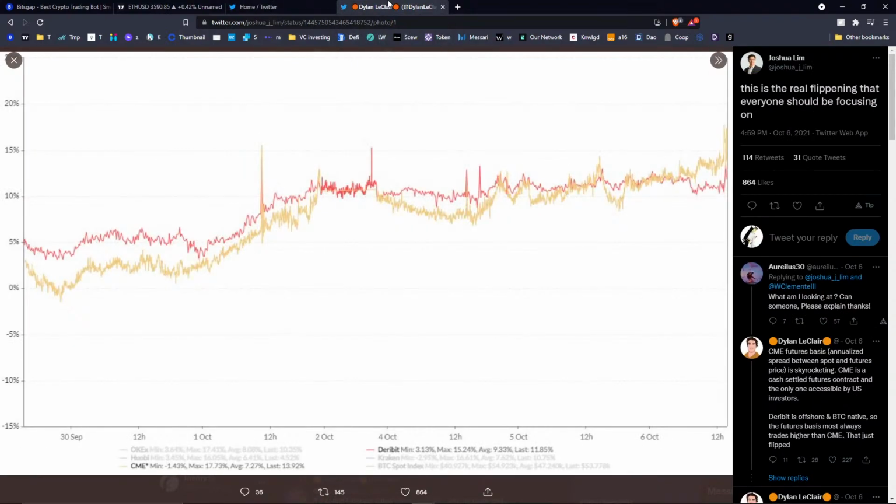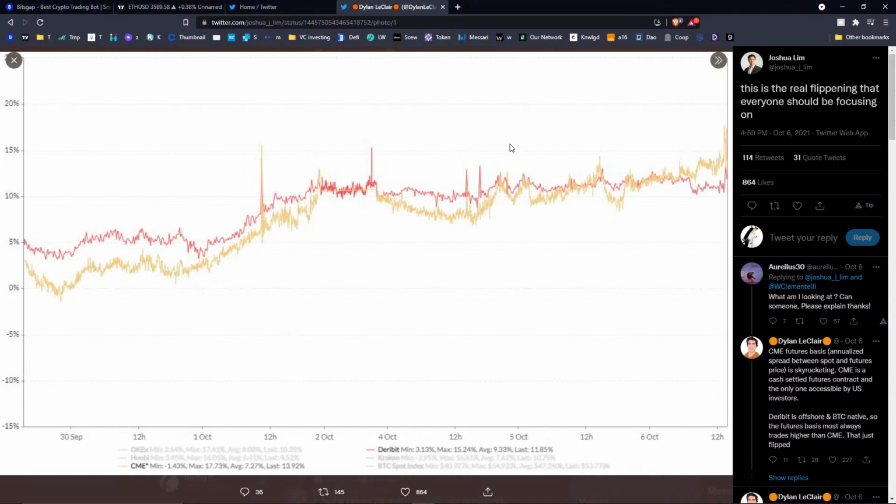And the other one is basically the premium between the spot and future prices. So it usually was that on derivatives. If you guys know what derivatives is, basically where you can trade options and perpetual contracts on Bitcoin and some other key assets like Ethereum.